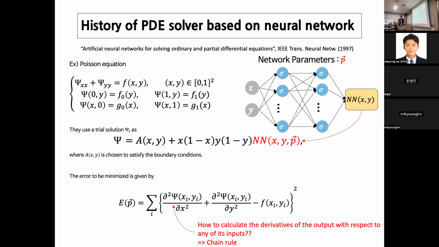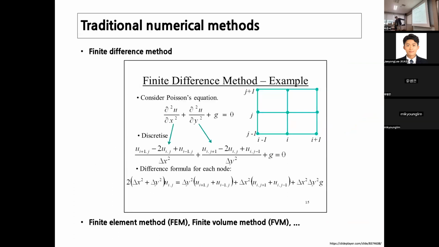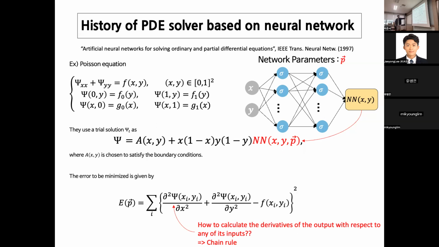So here we can have a question: how to calculate the derivative of this output with respect to any of its inputs, x or y? Because in FDM, it's the core idea, because we can discretize these grid points and we can calculate this derivative term as follows. And in this case, how can we calculate this one?